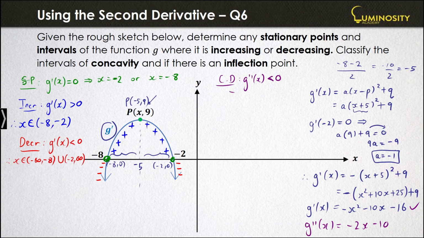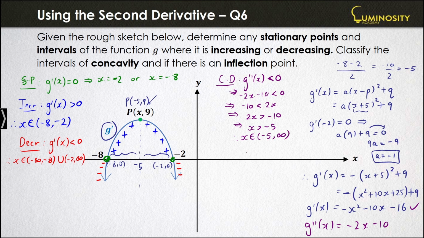So that implies -2x minus 10 is less than 0. Let's solve this algebraically. I'll bring the 2x across, so I have -10 is less than 2x. The other way to read that is 2x is greater than -10. So I get x is greater than -5 when I divide both sides by 2. So the interval is x is an element of (-5, infinity).